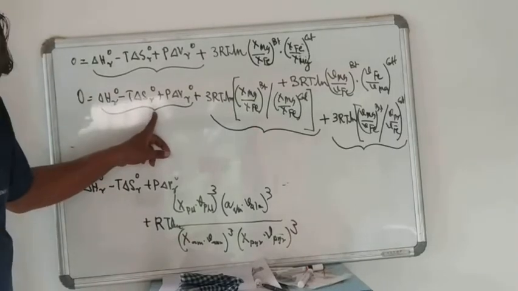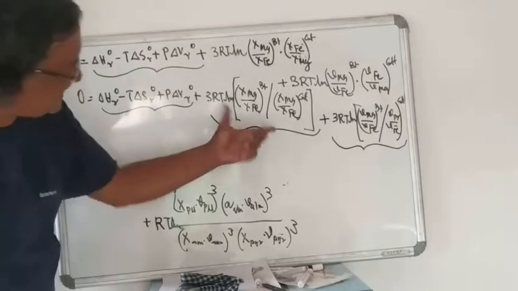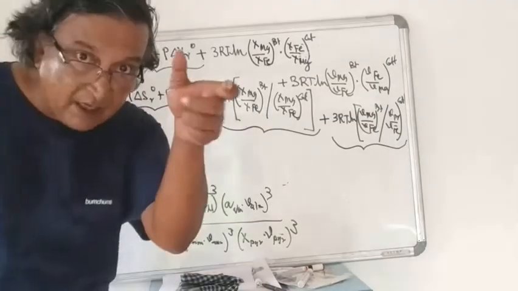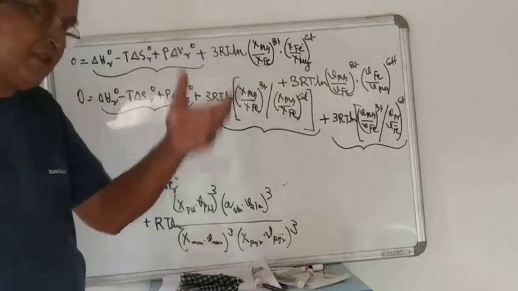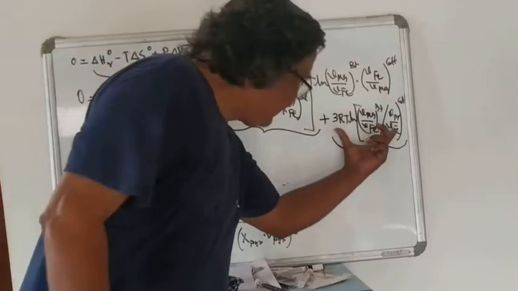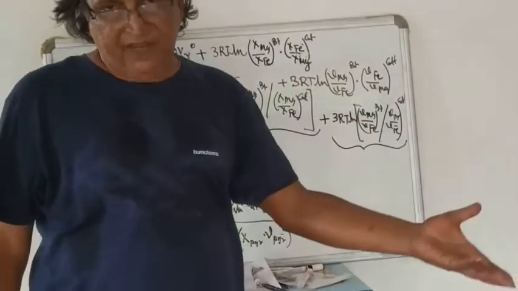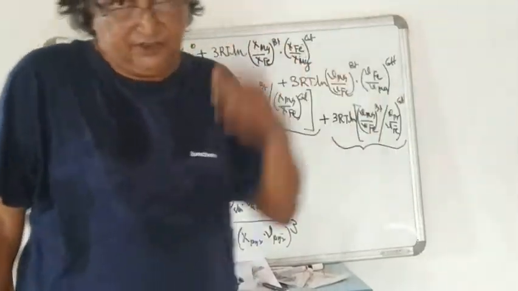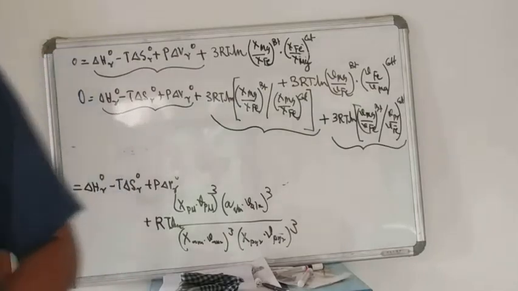So this is for pure components dependent on pressure and temperature. This is the energy term for ideal mixing in the reactor. Effects of ideal mixing on the reaction. And this effect is the effect of non-ideal energy changes in the reaction. So these are the three parts in the reaction.